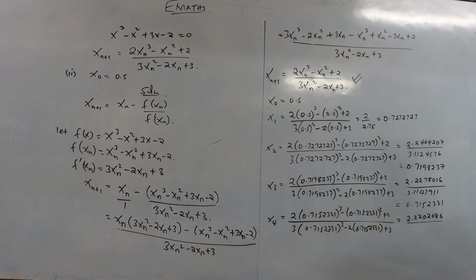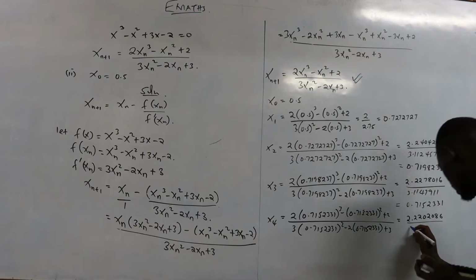Then all over 3 into bracket 0.7152331, then you square that, minus 2 into bracket 0.7152331 into bracket plus 3.